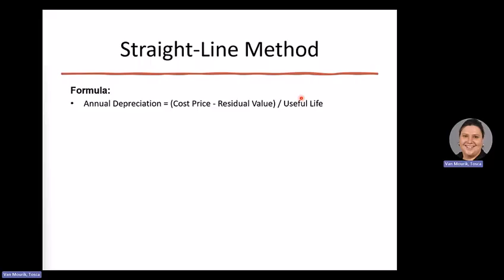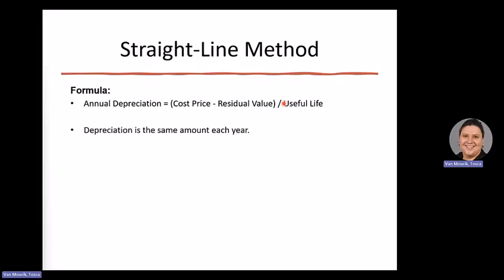Or we can give it to you by means of a rate, say for instance, 20%. That is actually the exact same thing, it's just a matter of how we're going to use that. Because we want to know what is the depreciation per year, we're going to divide by the useful life of 5 years. But if we tell you that the rate is 20%, then we're going to multiply by 20%. But I will show you in examples.